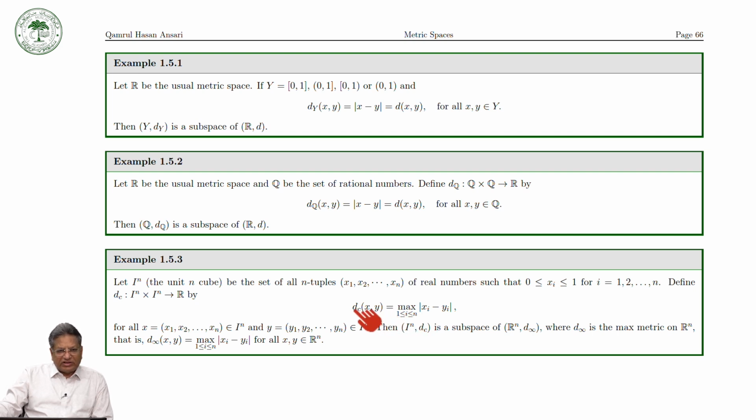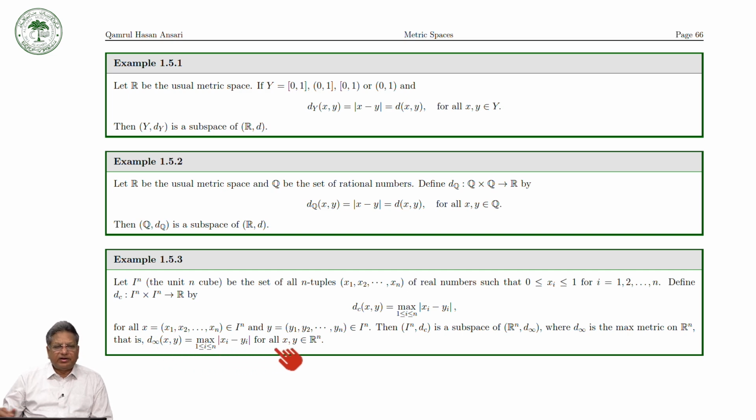It means that dc is the restriction of d infinity, that is the max metric on Rn. So In with respect to this dc is a subspace of Rn with d infinity, where d infinity is the max metric on Rn, which is defined in this way, we have seen.